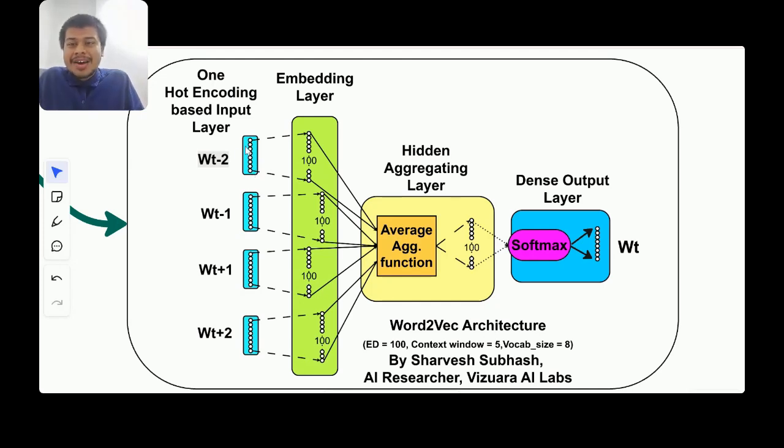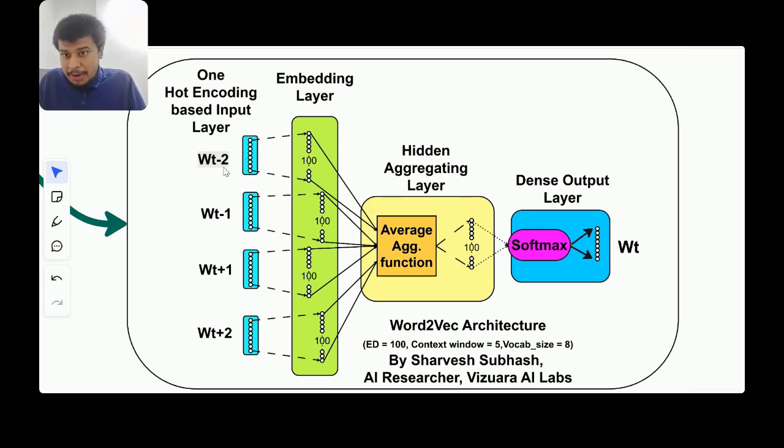So we are coming up with the architecture with an assumption that we have a vocabulary of just 8 words. So we have come up with a language that has only 8 words of vocabulary, and in that case, this could be your simplest Word2Vec architecture.